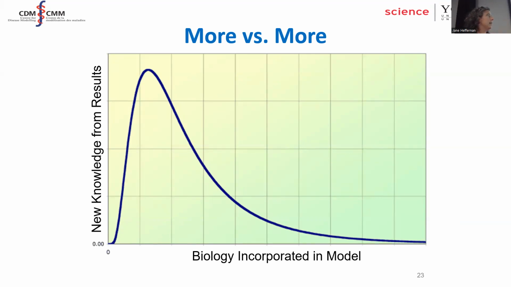I've been in disease modeling for a long time, gray hair, and I'm still revising projects that I worked on as a graduate student, because now we know more and more. How can I extend on those projects so that I can get more and more new knowledge from my results with less and less uncertainty?